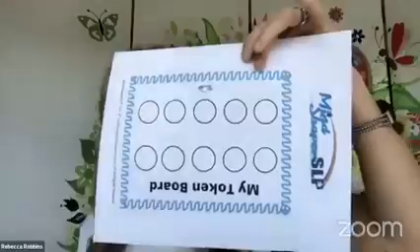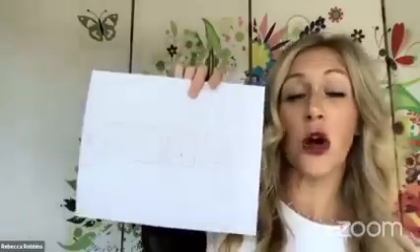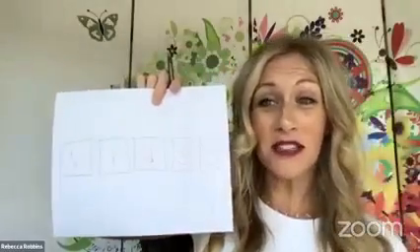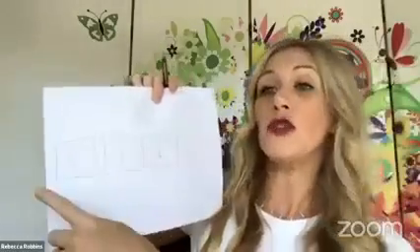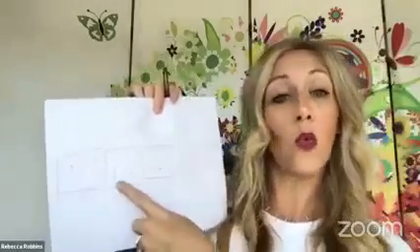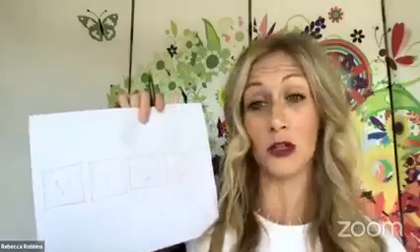So the first type of token board is like a pre-made token board that maybe even your school has. You can get this one for yourself by downloading my motivation map, or you can ask your child's school if they could send you a token board, or if you're in a pinch, you can just go ahead and draw empty boxes on a piece of paper, however many. I did 5, and you can fill the boxes up with the letters of a word of what your child is working for.